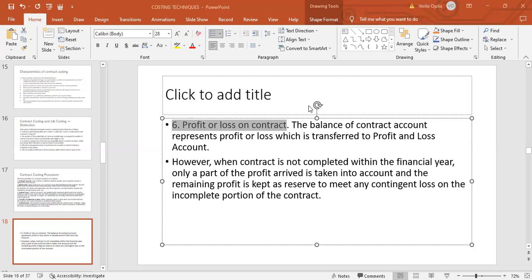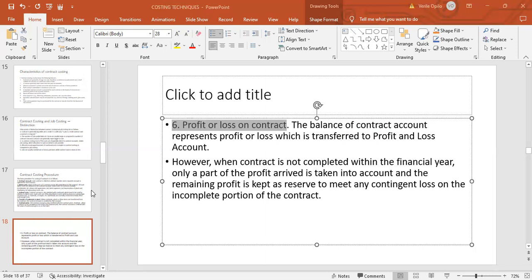So what were we saying? We were saying that for every contract, the business will have to establish whether it has made a profit or loss, so as to know how much exactly we have made from each contract that the company has.